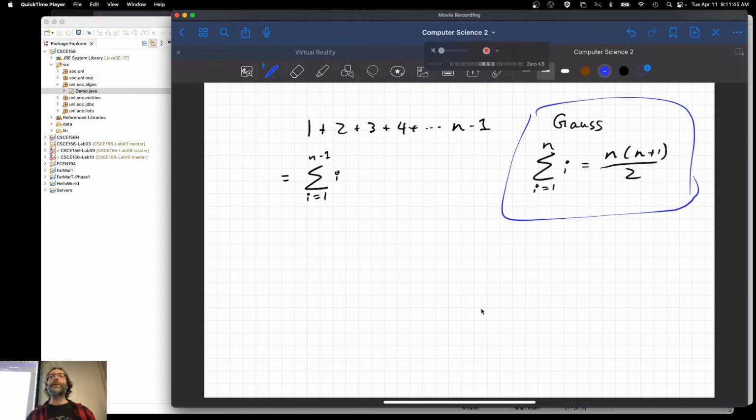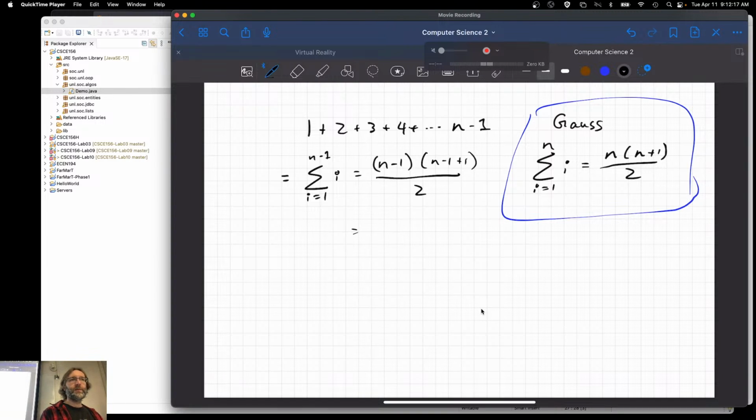It comes up all the time in algorithm analysis, because anytime you have a loop within a loop, then you are doing something quadratic. It's probably going to be captured by Gauss's formula. Now here, we're not going all the way up to n. We're going up to n minus 1. So I can plug it in here for n, and I get n minus 1 times n minus 1 plus 1 all over 2.